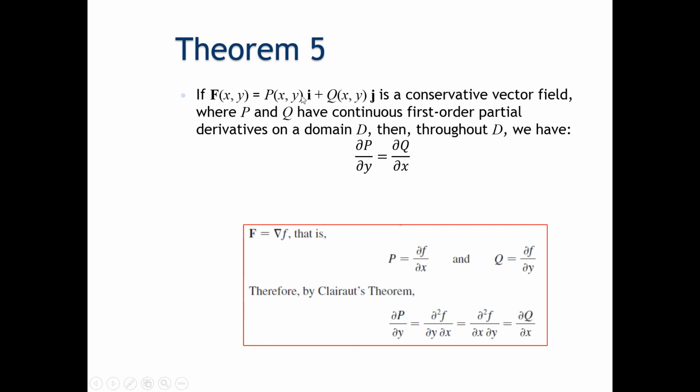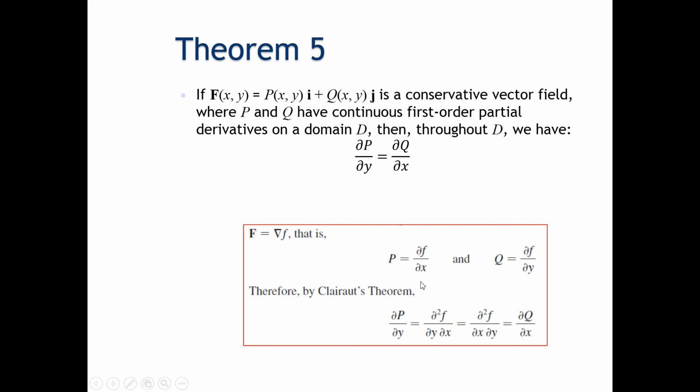Then if F is equal to del f, this P is actually partial f over partial x, right? And this Q is in fact partial f over partial y, because del f is partial f over partial x i plus partial f over partial y j.